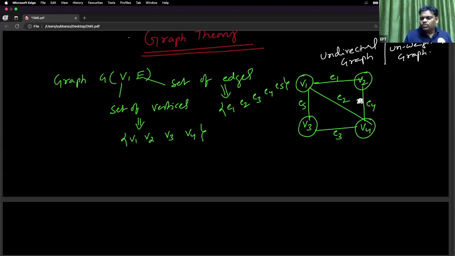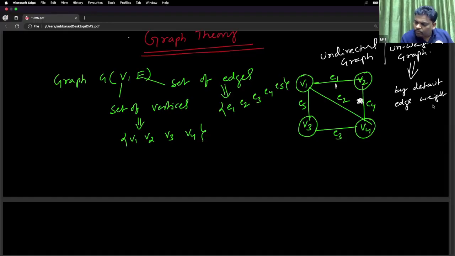Okay, fine. So remember, this graph is an undirected graph. This graph is an unweighted graph because on every edge, no weight is there. In an unweighted graph, every edge by default has weight 1.